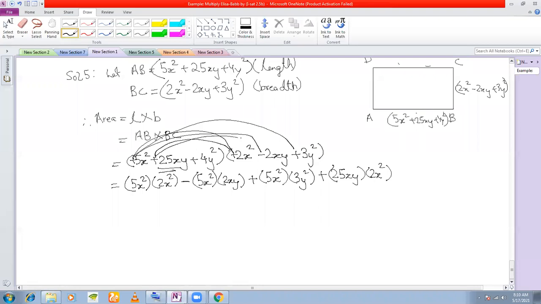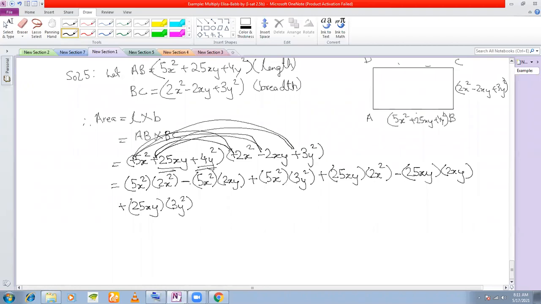Again, this plus sign will combine with this minus sign, the minus sign, 25xy into 2xy. Again, this plus sign will combine with this plus sign to give you 25xy into 3y square. Okay, 25xy is now over.